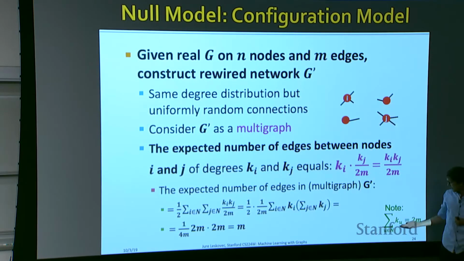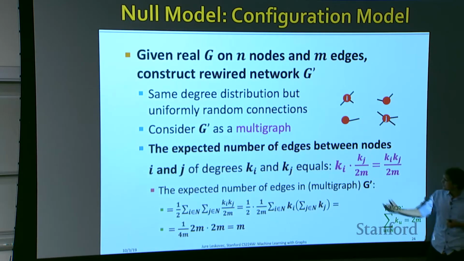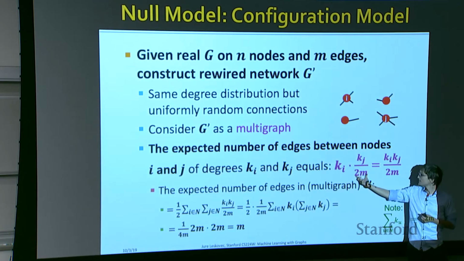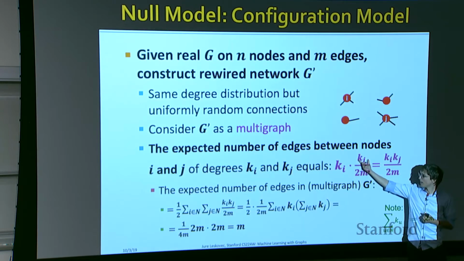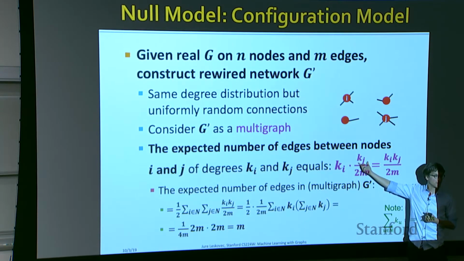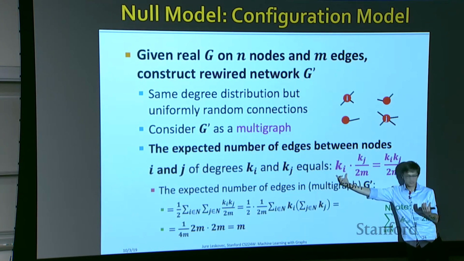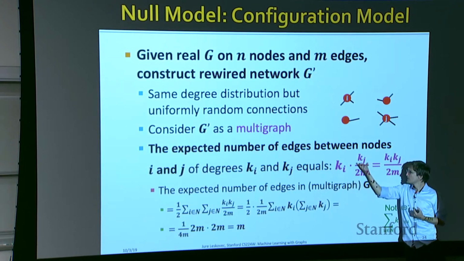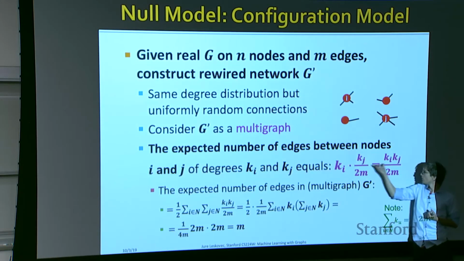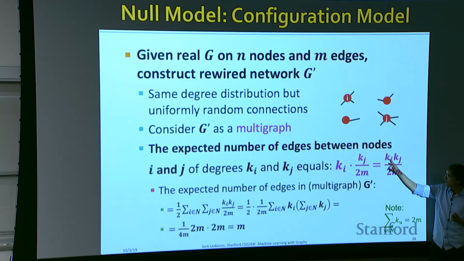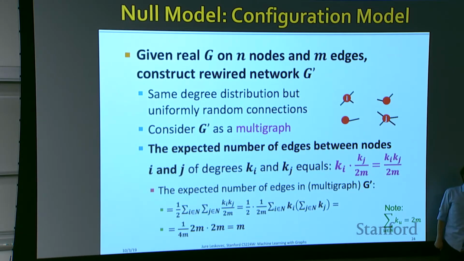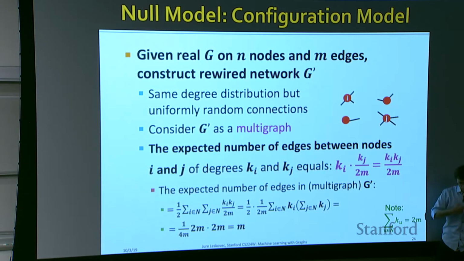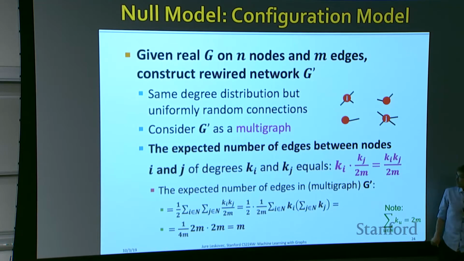So that's why I have this term here. Out of all the available endpoints, my target node has k sub j of them, and node i gets k sub i attempts to hit any of these. So in expectation, I will hit k sub i times k sub j divided by 2m. That's the expected number of edges if edges go randomly between a pair of nodes with these types of degrees.